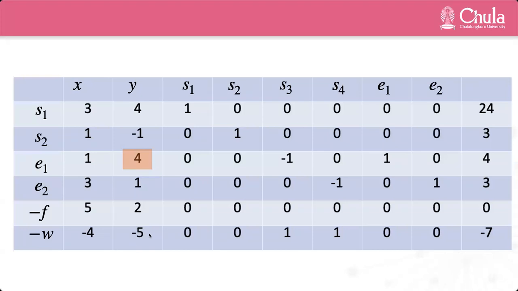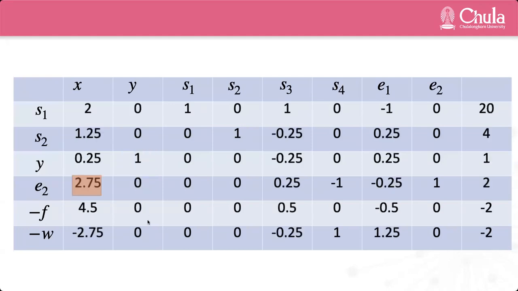From here, we start from the y column because it has the most negative coefficient, minus 5. We look at the b over a and we remove E1, of course. So we render this table such that this column becomes 1, 0, 0, 0.